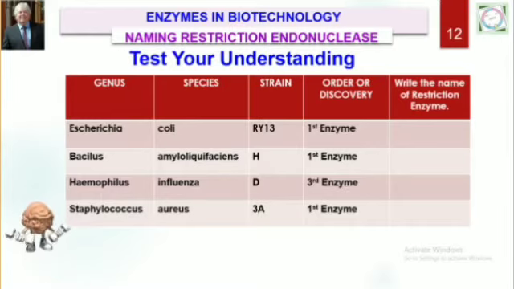Escherichia coli, strain RY13, first enzyme to be discovered. Next example is Bacillus amyloliquefaciens, strain is H, order of discovery first enzyme. Haemophilus influenzae, strain is D, order of discovery third enzyme. Staphylococcus aureus, strain is 3A, and order of discovery is first enzyme.